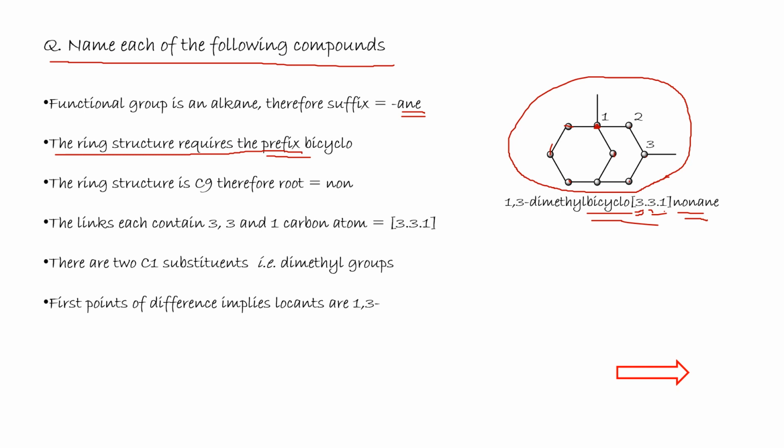So here would be number 1, and we have to number from this side to get the lowest numbers for the substituents. So it will be 1, 2, 3. On number 1 we have methyl. On number 3 we have methyl. So it's 1,3-dimethylbicyclo 3.3.1 nonane.